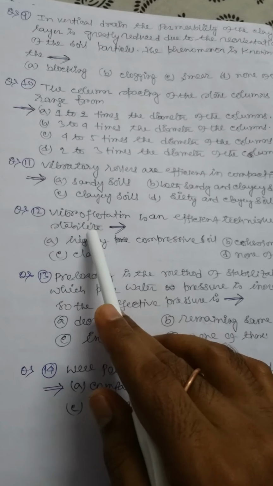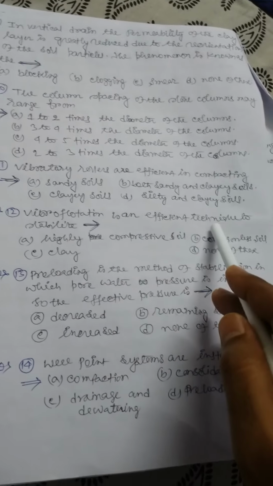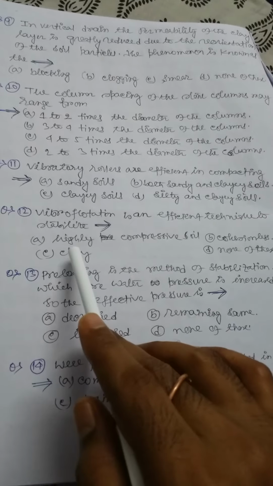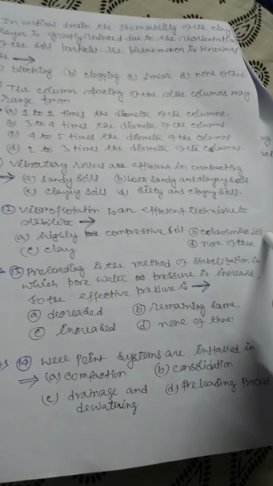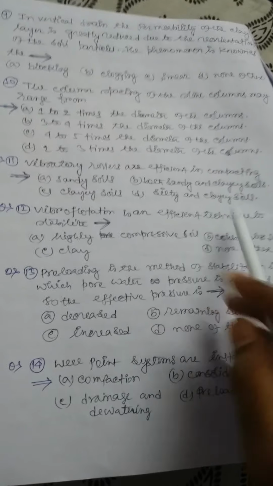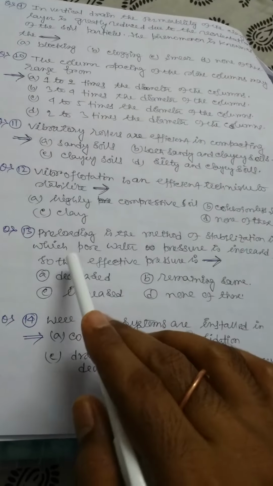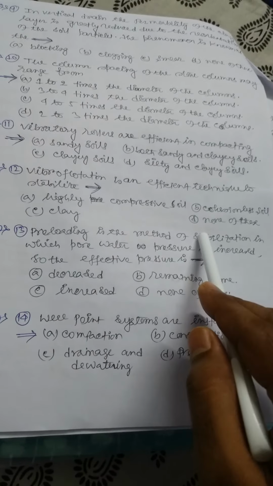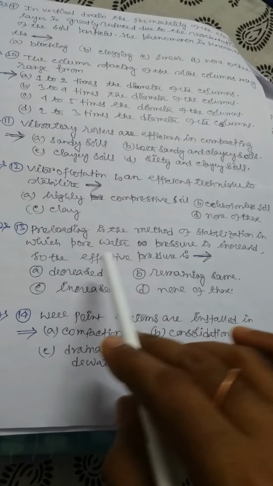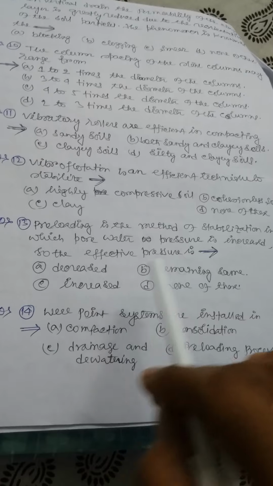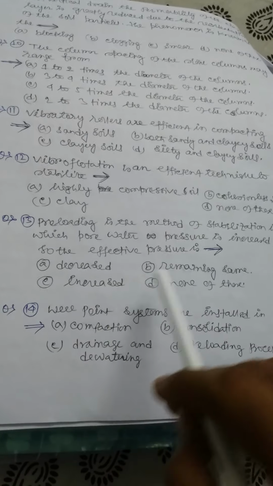Question number 12. Vibroflotation is an efficient technique to stabilize: A, highly compressible soil; B, cohesionless soil; C, clay; and none of these. Which one is correct? Now, question number 13. Preloading is the method of stabilization in which pore water pressure is increased, so the effective pressure is decreased, remaining same, increased, none of these.